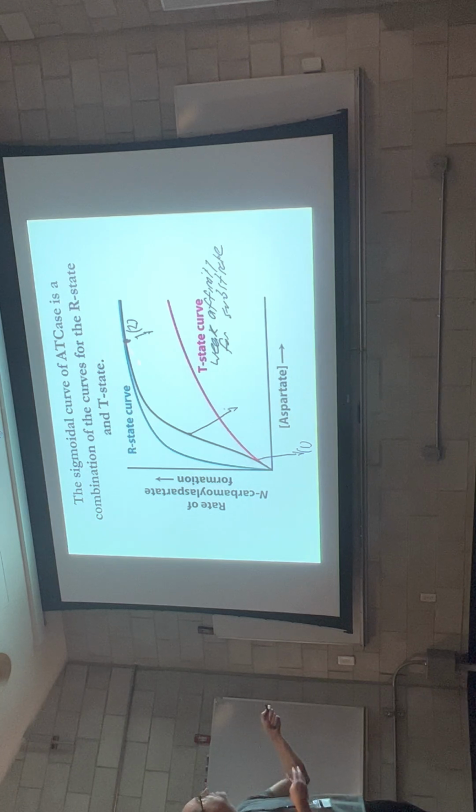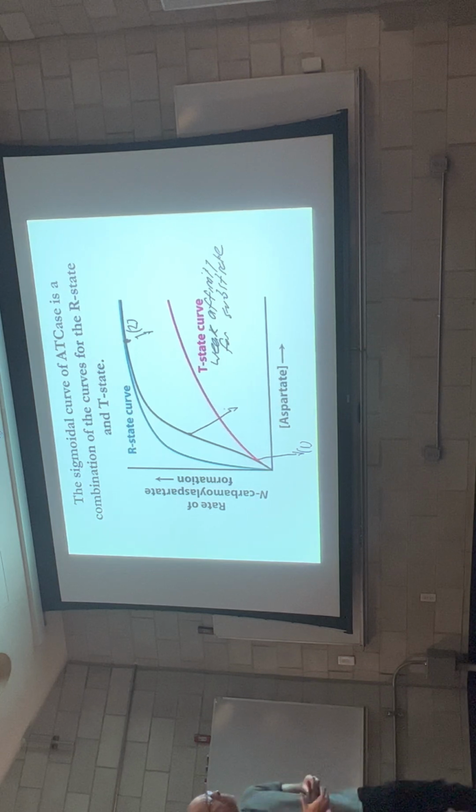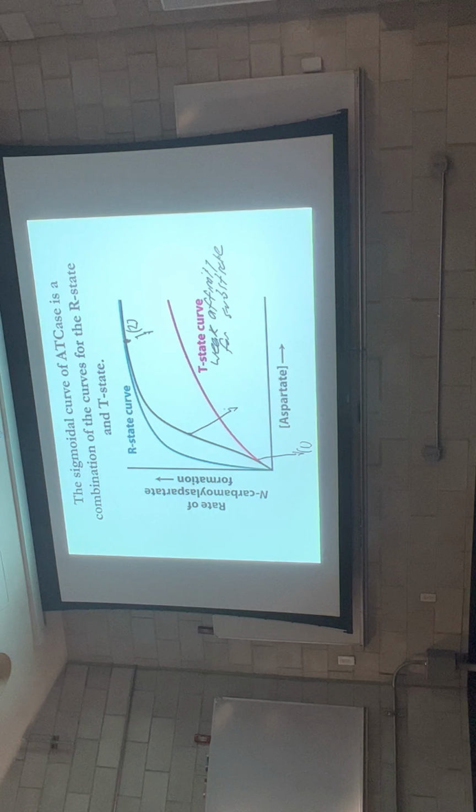So that would be the R state curve. So at this point, all enzymes in our population are in the R state conformation. Over here, all enzymes are in the T state.